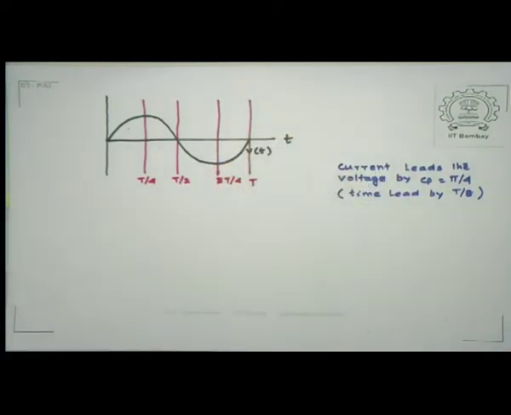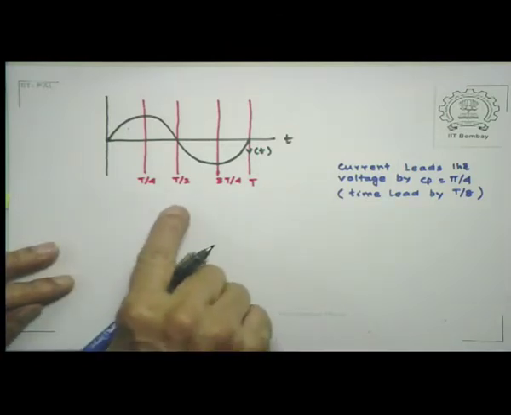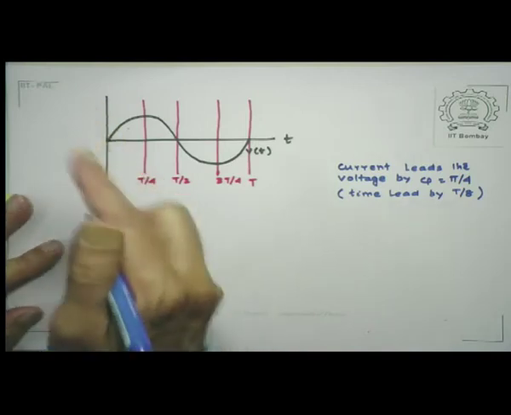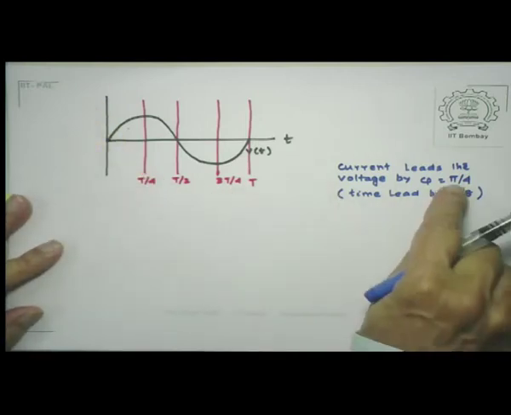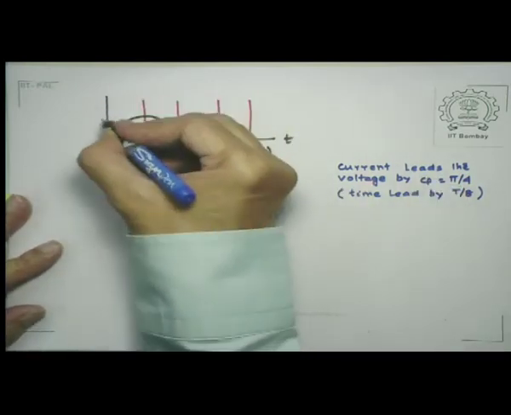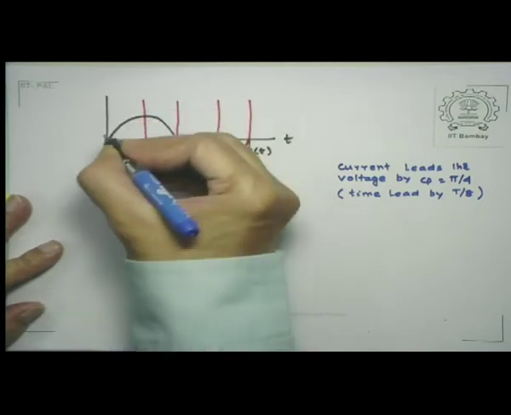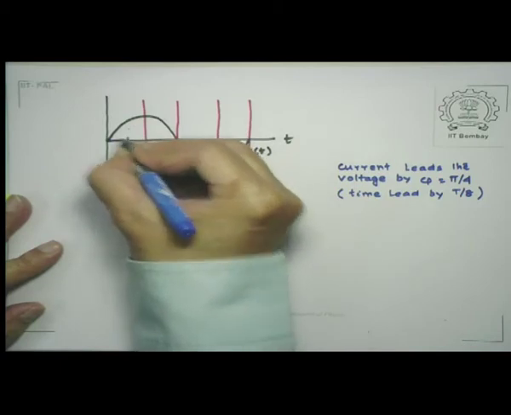Now if in the same diagram I plot the current, remember, unlike the pure capacitive case where the current leads the voltage by a full pi by 2, in this case the leading is by pi by 4 only. So it hasn't quite reached the maximum but is going to take another T by 8 time before it reaches the maximum.